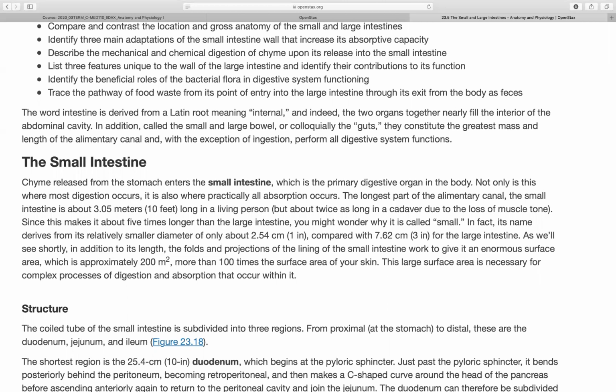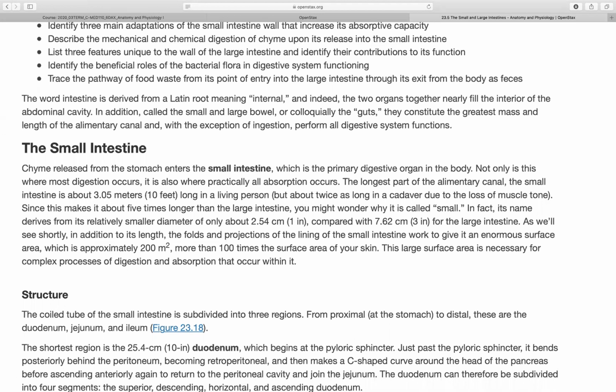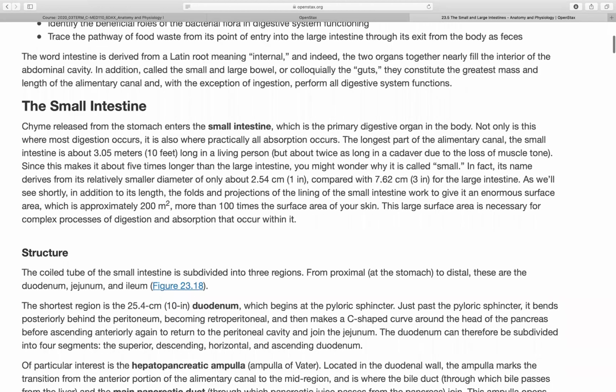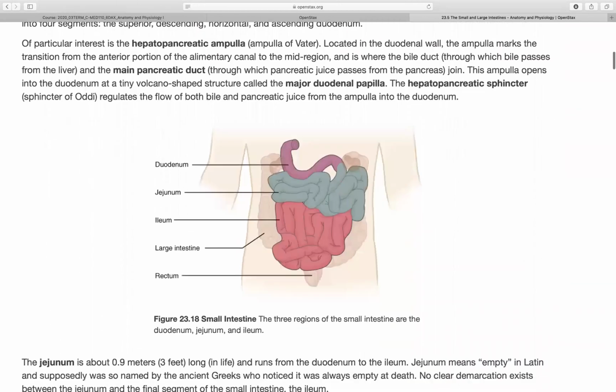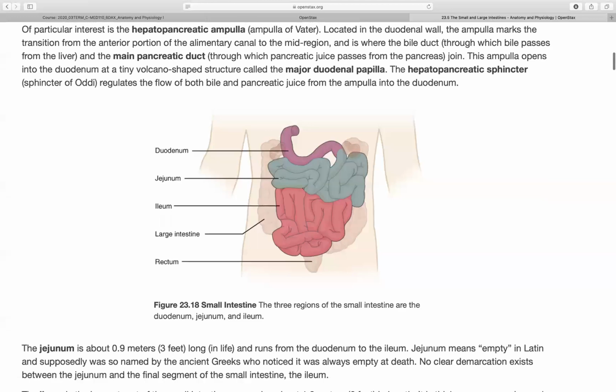And the large intestines will then make feces. And what's feces? Anything that's extra, water and any extra stuff that we can't use as nutrients, that is going to end up in the toilet. So you have the duodenum, jejunum, and ileum, and then it goes into the large intestine.